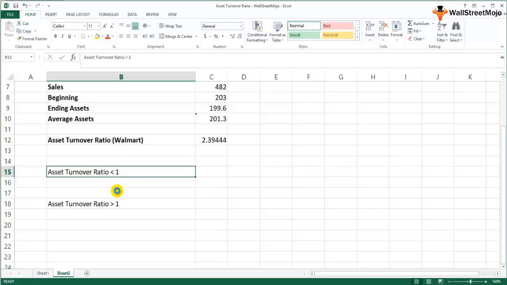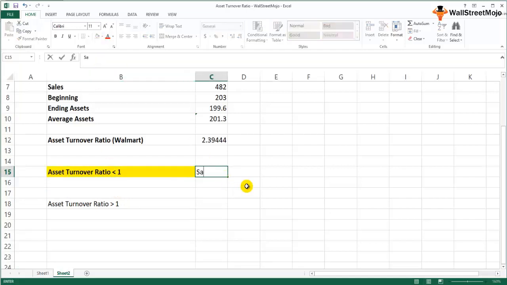When the asset turnover ratio is less than 1, it means that sales is less than your average assets, so you're not able to produce sales in proportion to your assets. For example, if this is 0.5, it means that for every $1 of assets, you are able to generate only $0.5 of sales.